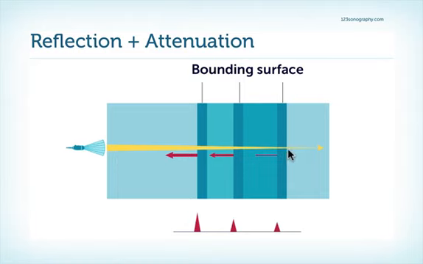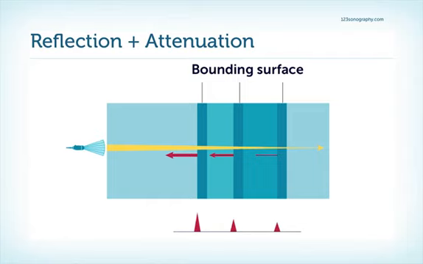The further away the reflection occurs, the longer the time until it is again received by the transducer. And by calculating the time it takes for the ultrasound wave to return to the transducer, and if we know exactly how fast the ultrasound wave travels within the tissue, we can calculate where the point of reflection occurred, and we can generate an image.